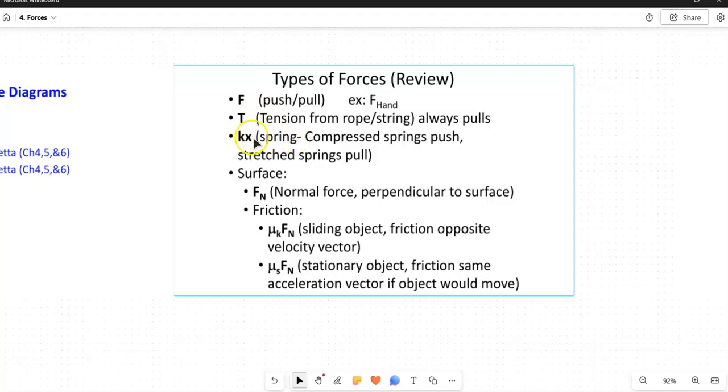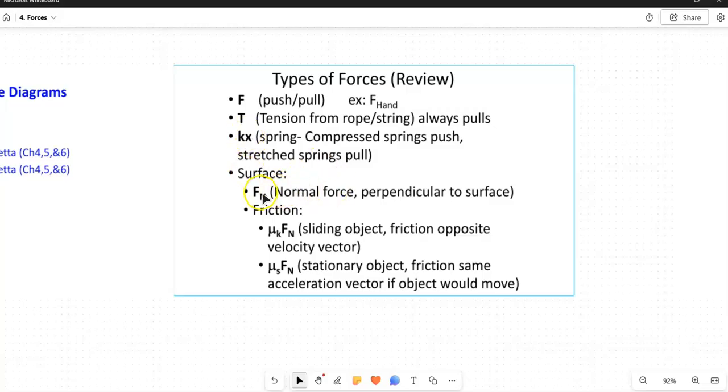A spring force is the spring constant k times how far it's been compressed or stretched away from the equilibrium position, that is x. Compressed springs will push back against you, trying to snap back to the equilibrium position. A stretched spring will pull, trying to snap back to the equilibrium position. This is often referred to as the restoring force.